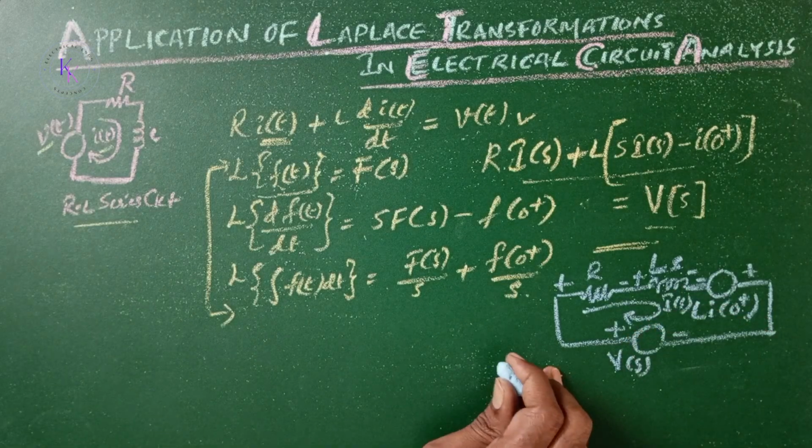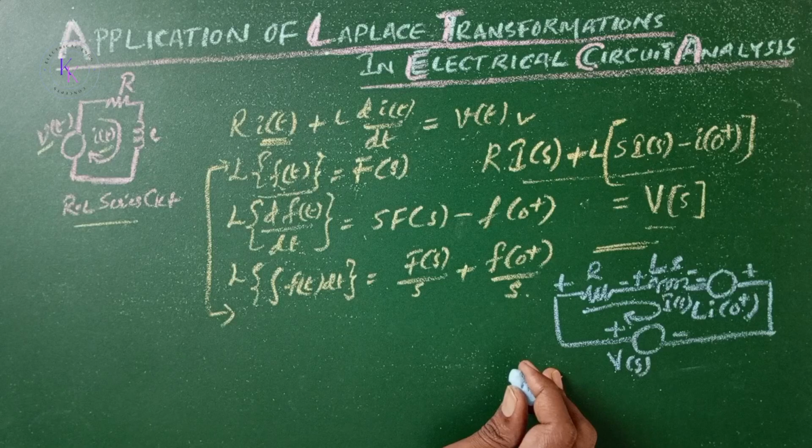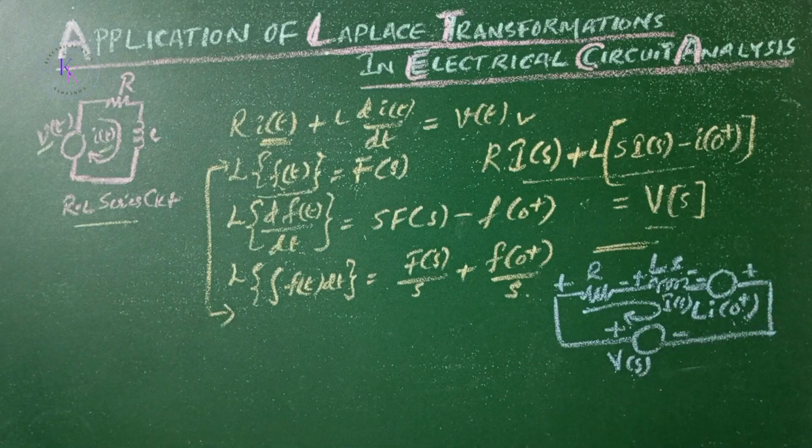This is the RL circuit in s-domain. The initial current appears in the s-domain circuit as a voltage source L i of 0 plus, and Kirchhoff's voltage law remains valid in s-domain also.